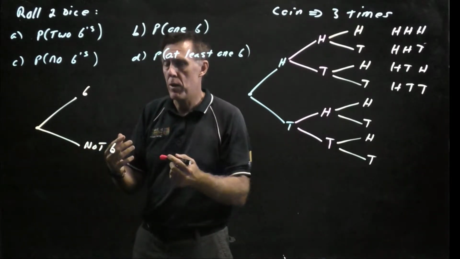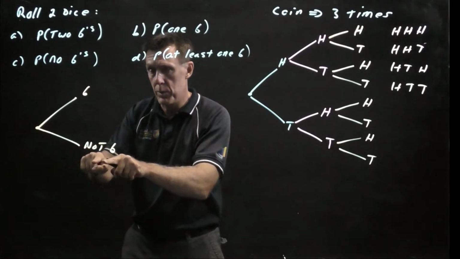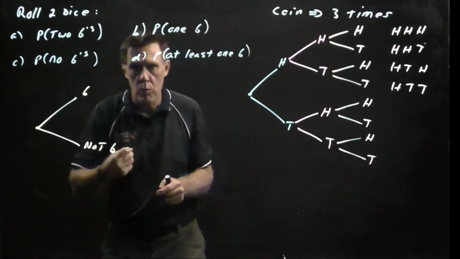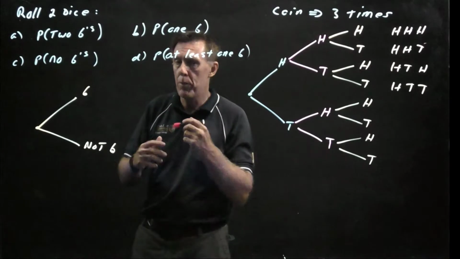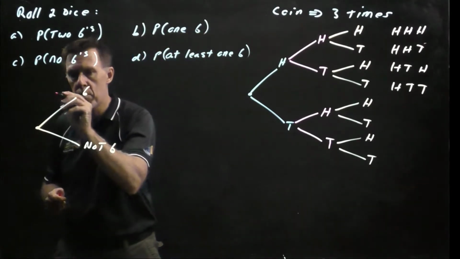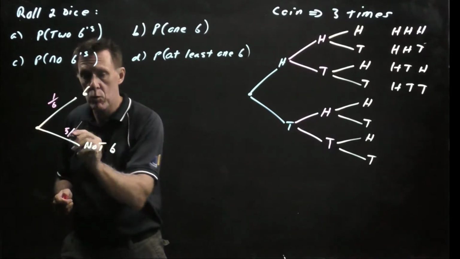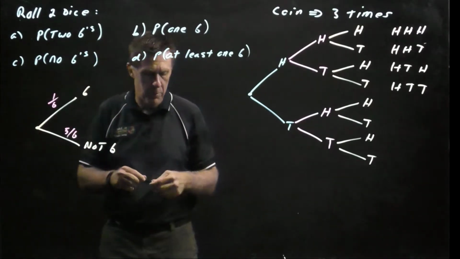So what we do to get around that, because this has a much greater probability, I write the probabilities on the branches. So when I roll my die, probability of getting a 6 is 1/6. Not getting a 6 will be 5/6.